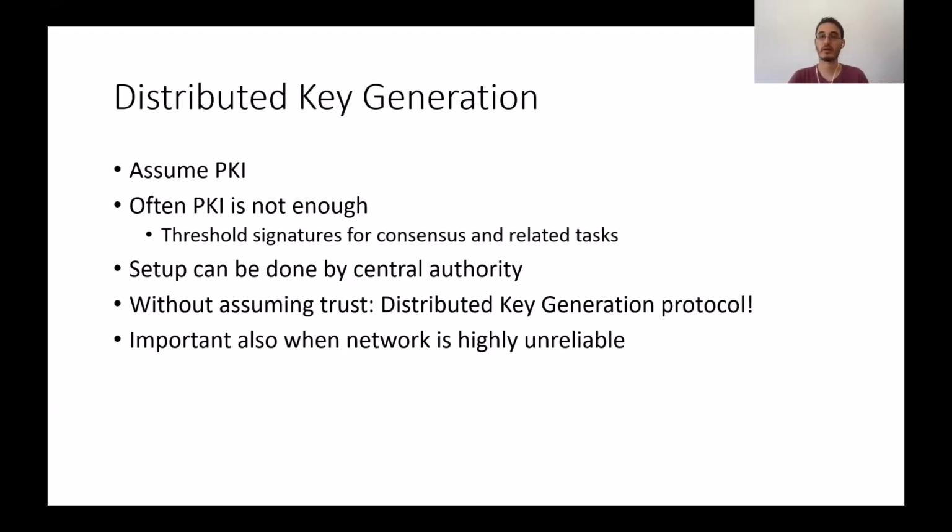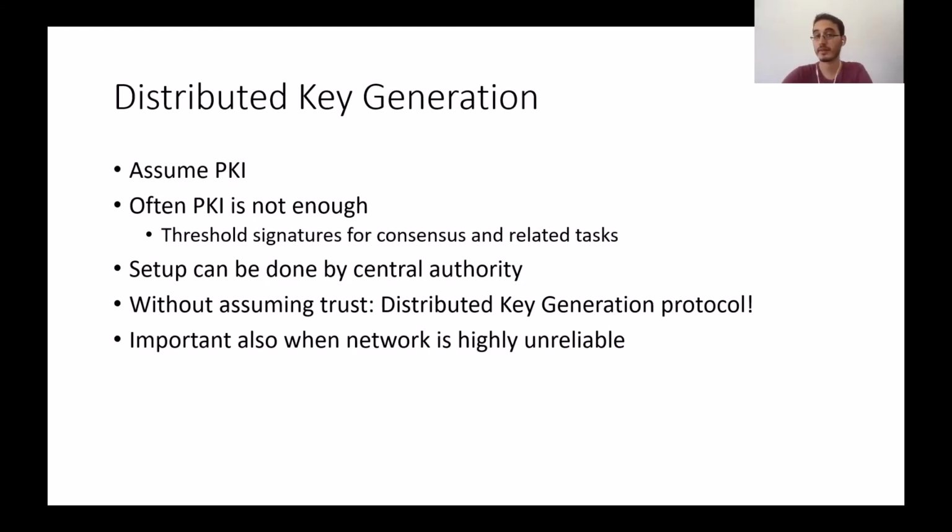For example, threshold signatures have been shown to be very useful in consensus and in many related tasks. And those need more structured randomness. A standard PKI setup isn't enough to be able to use threshold signatures. We're going to talk a little bit more about what setup exactly we need for a threshold signature scheme.